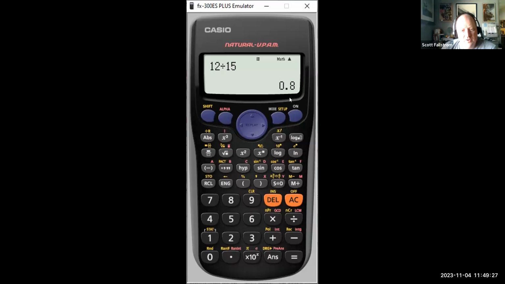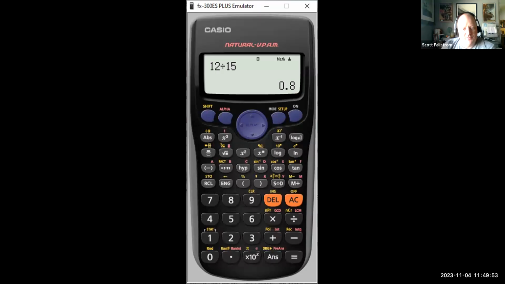If you have a Texas Instruments calculator, there's usually a button that says F to D, like fraction to decimal. You might have to press shift or second to get into it, but that's the one that'll go back and forth between fraction and decimal form. So totally cool to be able to do that.